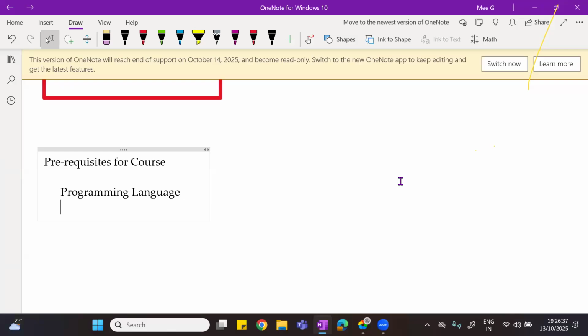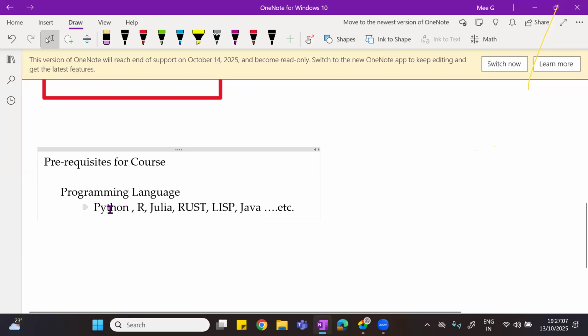The popularly used programming languages are Python, R, Julia, Rust, Java, and so on. There are many, but the most flexible is Python.